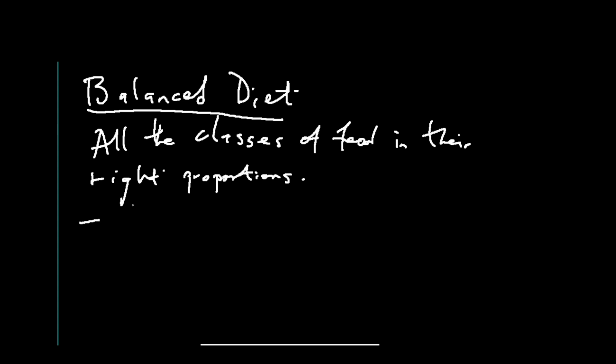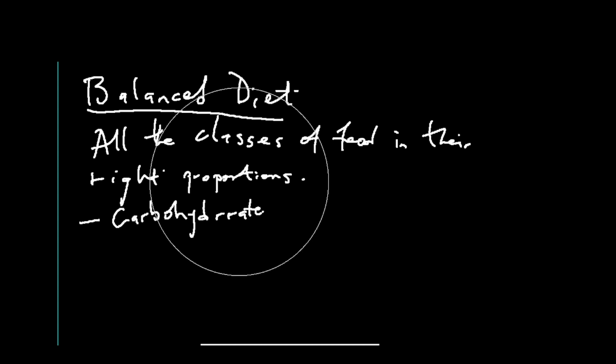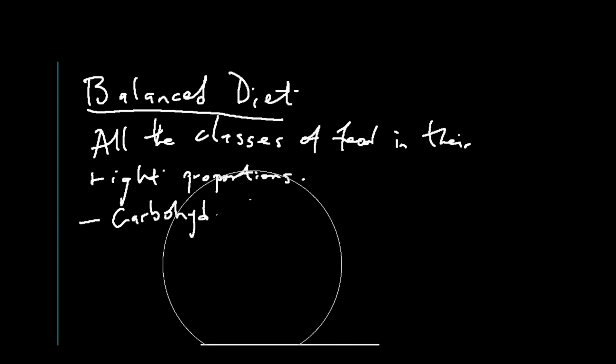The classes of food: we have carbohydrates. Carbohydrate is an energy giving food. It gives energy, that is what carbohydrate does.